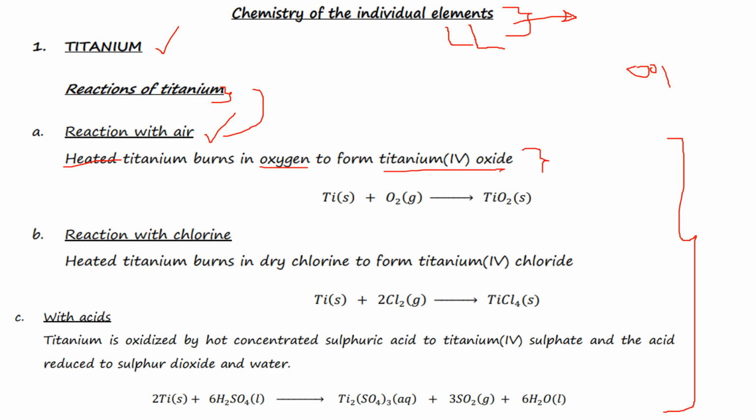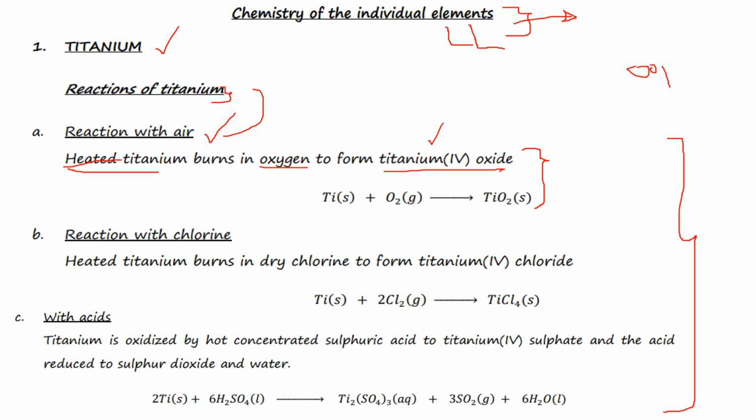For each and every equation, you must present a statement first. In that statement, there must be conditions, for example here, heated titanium. And then there must be the name of the product that is going to be formed, which is titanium 4 oxide.